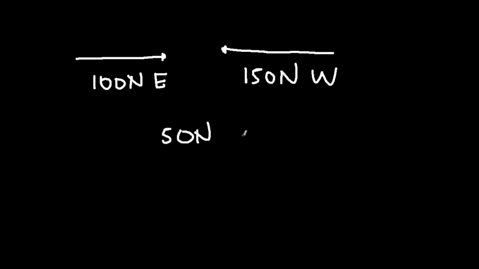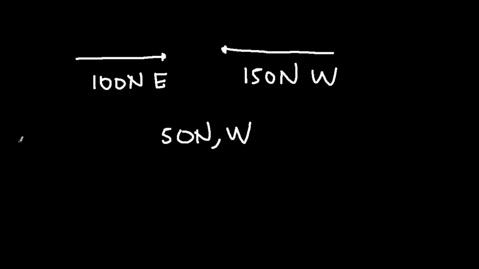And then the next question that we have to resolve is, which direction should we follow? We follow the direction of the bigger vector, which happens to be 150 newtons. So we use west. Don't get confused, N here means newtons. That's the unit for force, SI unit for force. So this means 50 newtons directed to the west.